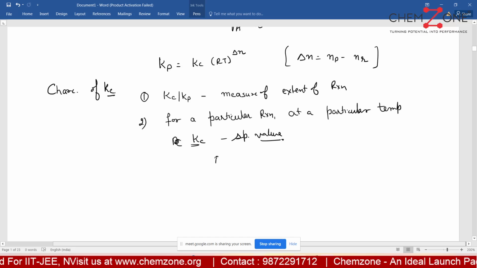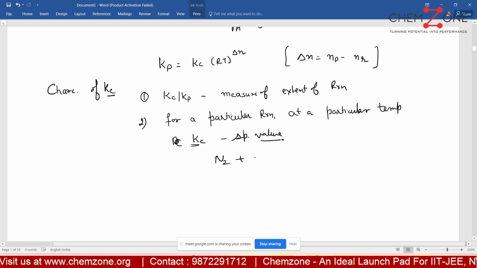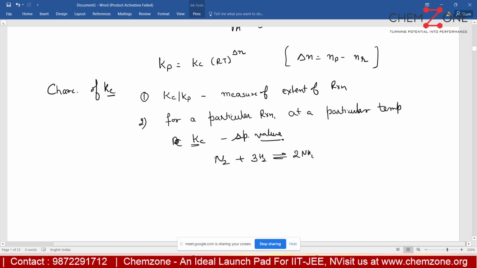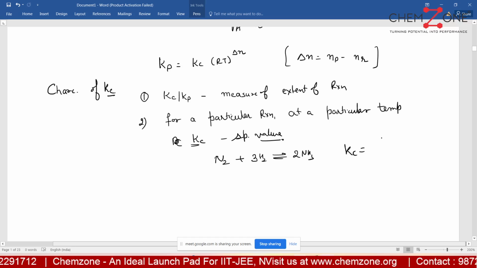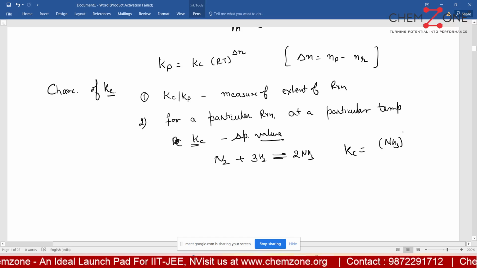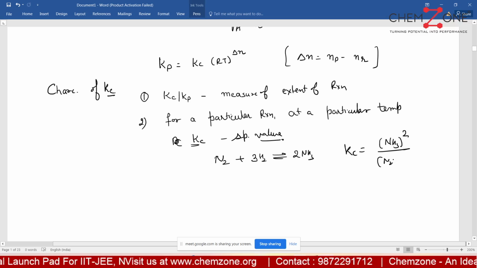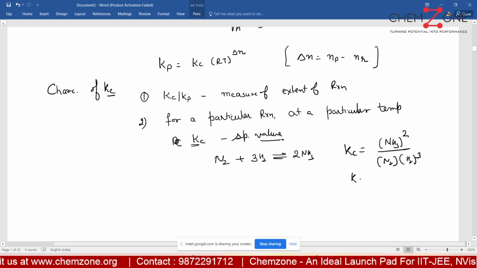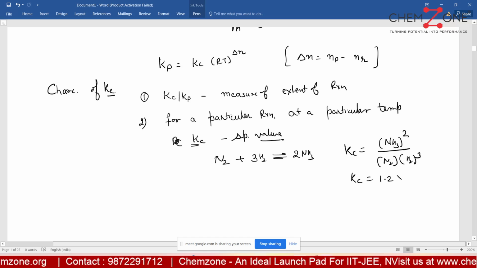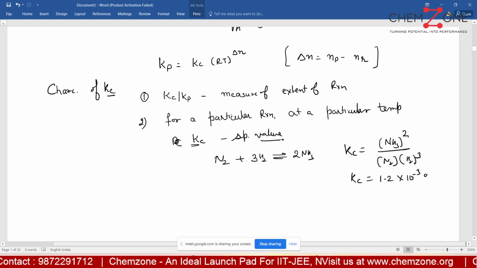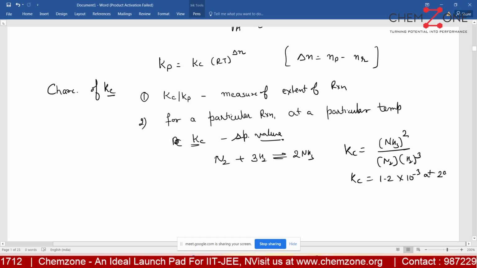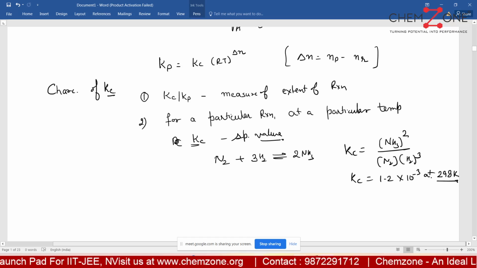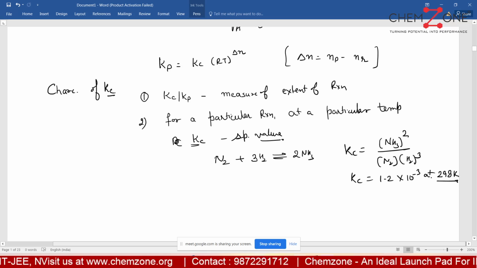Suppose I have this reaction, nitrogen plus hydrogen to give ammonia. Then Kc is equal to ammonia to the power 2, N2 to the power 1, H2 to the power 3. This Kc has a specific value, 1.2 times 10 to the power minus 3, at 298 Kelvin.